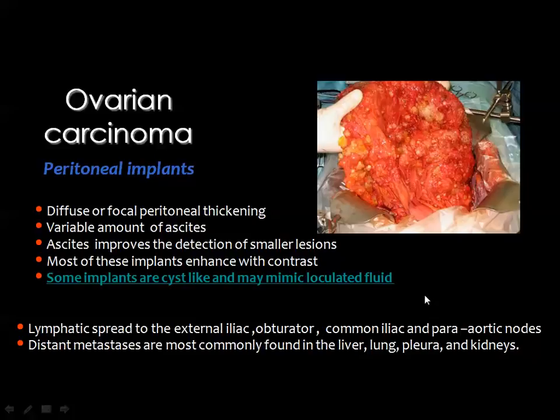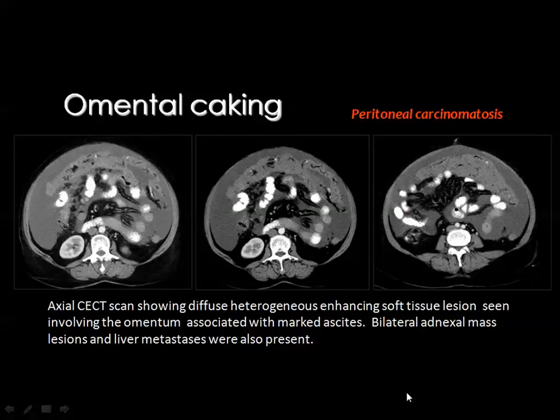And these lesions, if they are large enough, produce diffuse marked thickening of the omentum, which is known as omental cake in the radiology practice. Then lymphatic spread will go to the external iliac, obturator, common iliac, and para-aortic lymph nodes, while distant metastases may affect the liver, the lung, the pleura, and the kidneys.